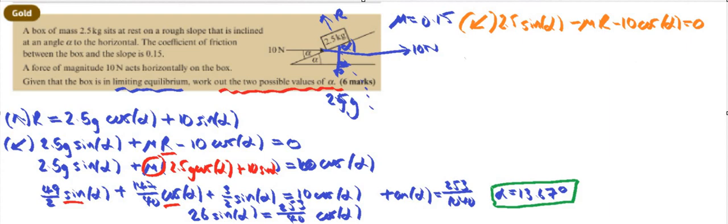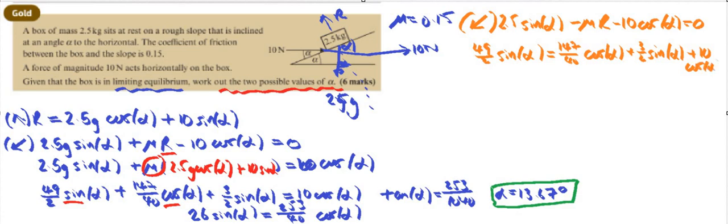Do the same thing, but now this is being subtracted. So now I've got 49 over 2 sine alpha, as I did before. Now I take all the negatives to the other side. Now I've got 147 over 40 cos alpha plus 3 over 2 sine alpha plus 10 cos alpha.